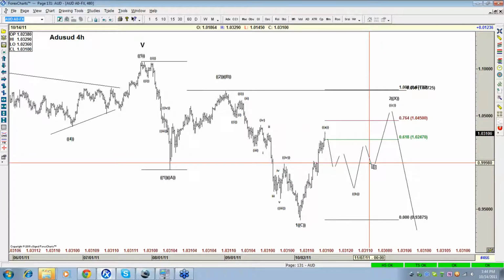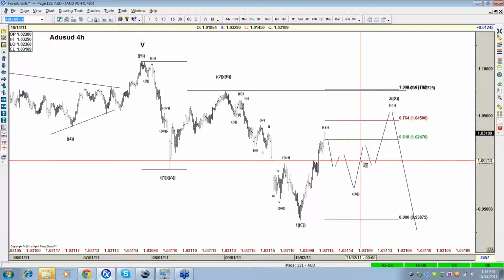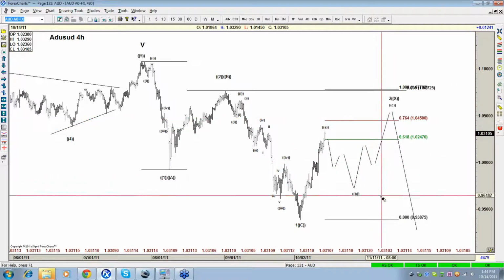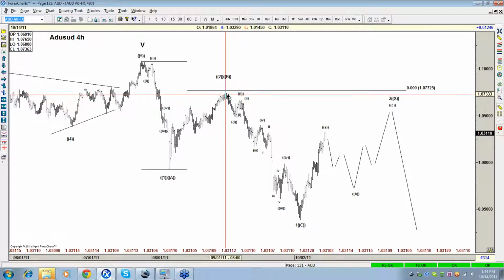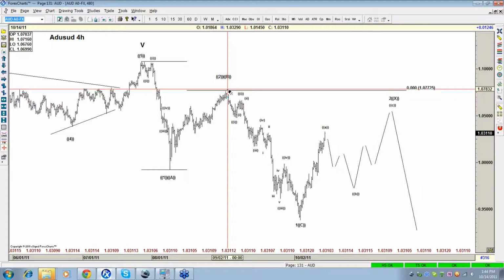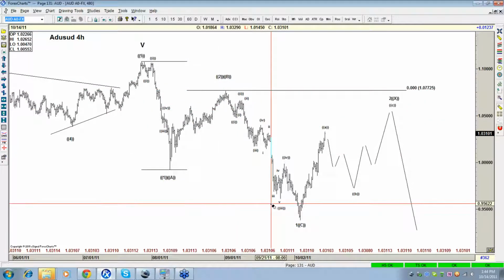What is your invalidation point in some degrees of a bearish view? 107.25. Technically, if it goes above there, it's a done deal. You agree with me? Because it's a 3-wave move to the downside.